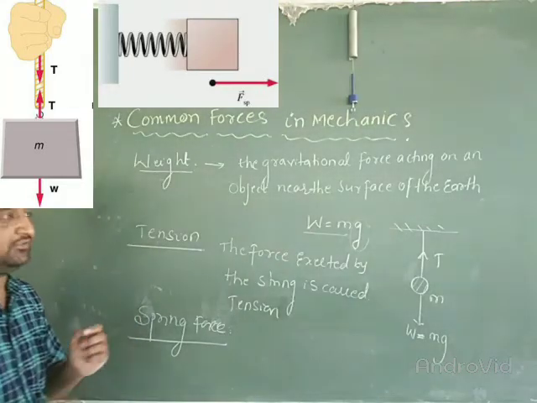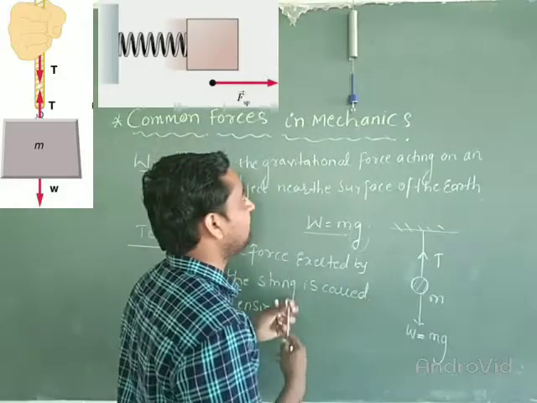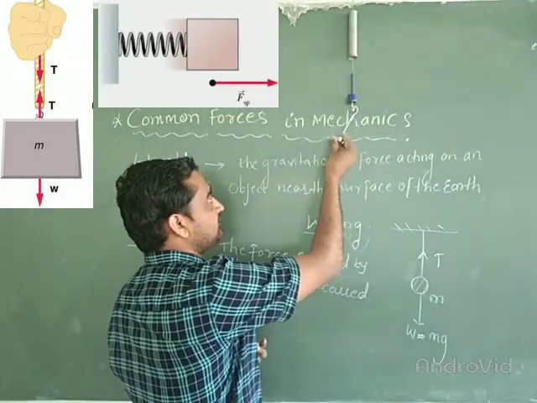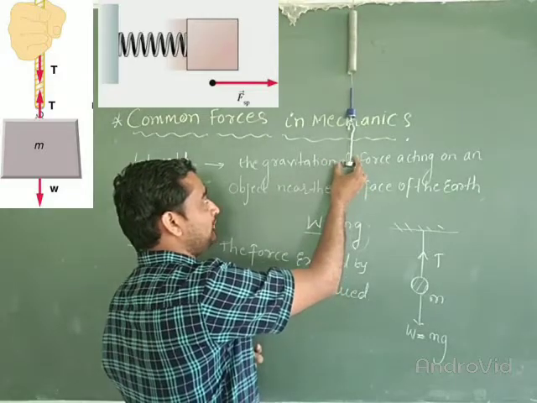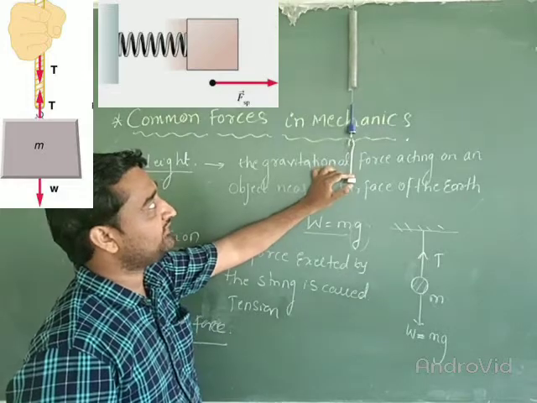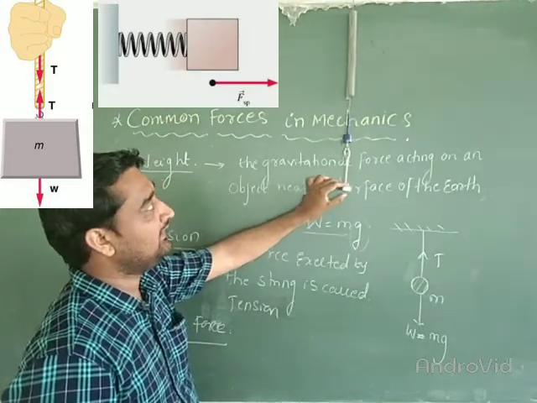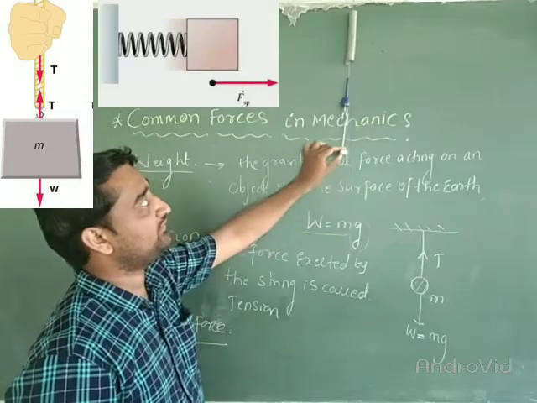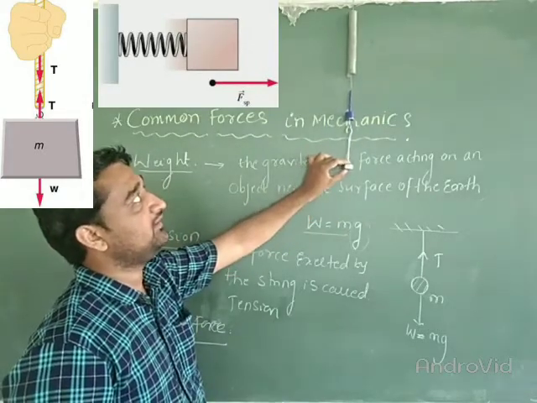For example, here we have the spring here. Now when a weight is applied on it, there is a compression, right? When weight is applied, this spring becomes compressed, this spring becomes stretched, and now when I leave it, again it is compressed, right? This is stretching and this is compressing, right?